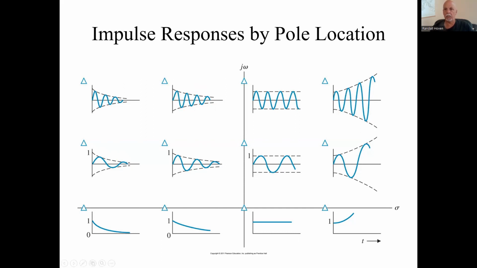In the right half plane, you get exponential growth. Exactly on the imaginary axis, you get eternal oscillation. So that's how pole placement dictates or describes the time behavior of a prototype second order system.